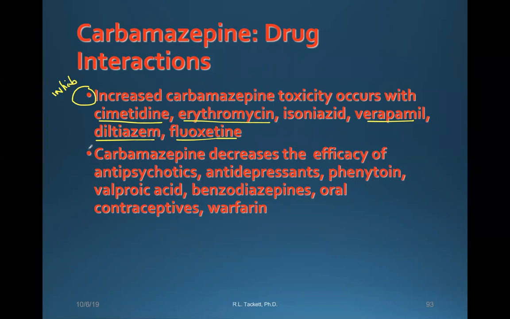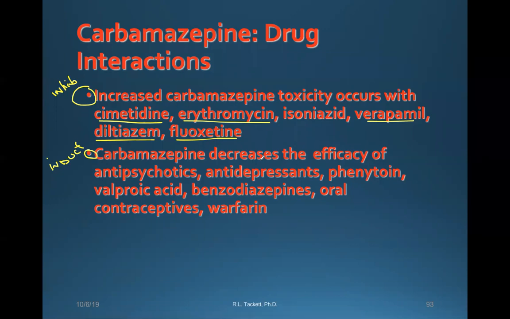The second bullet is dealing with induction, that we do know that carbamazepine can induce liver enzymes.